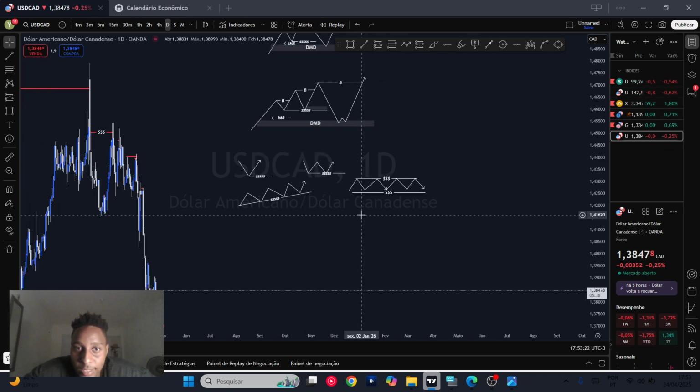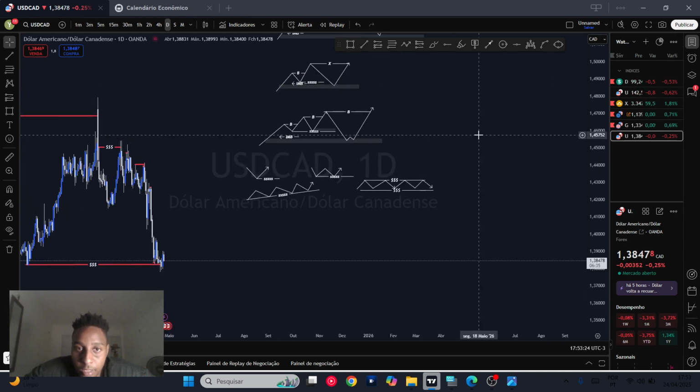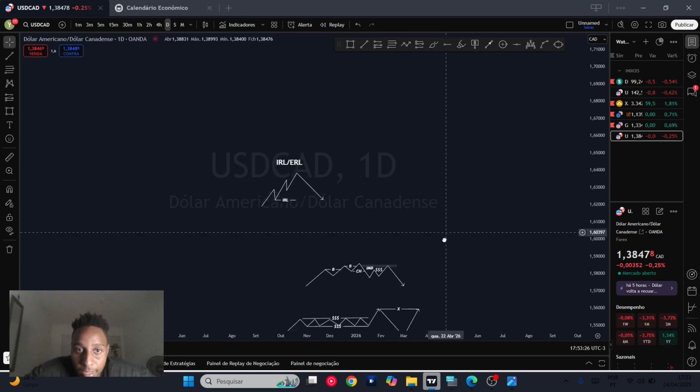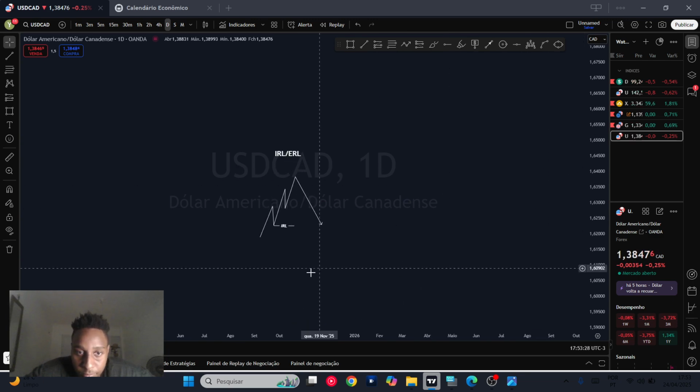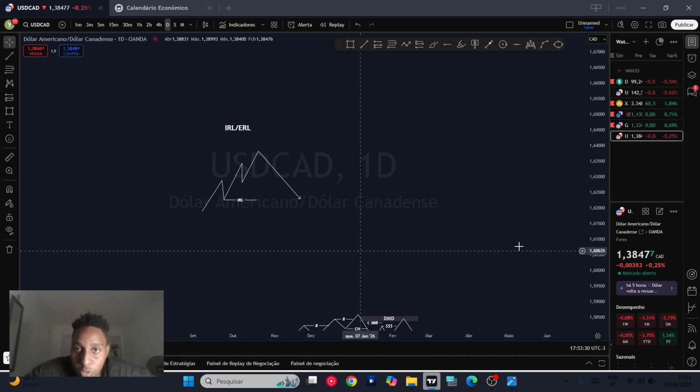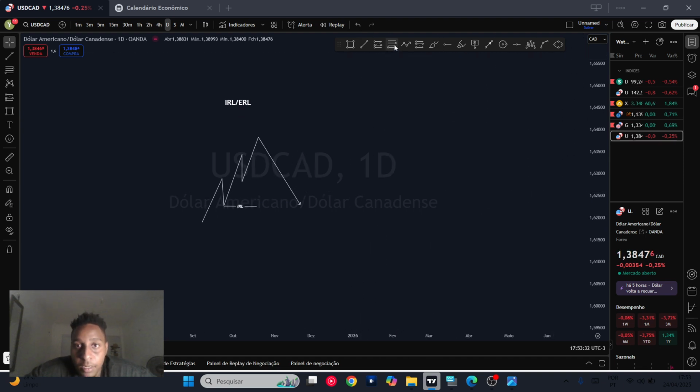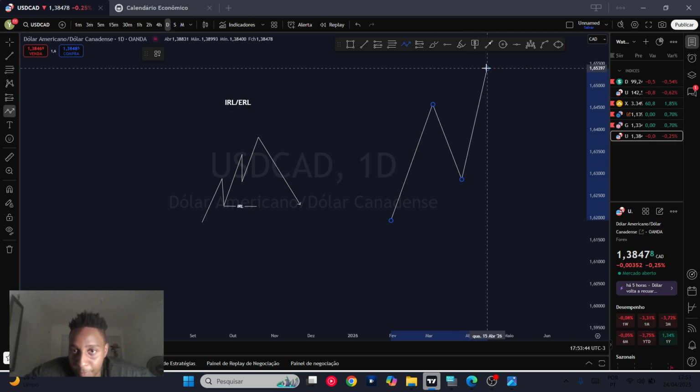So guys, let me go a little bit up. Let's pretend price simply created an expansion move without leaving internal range liquidity. So price comes back, creates a little bit of a down move, and then moves up.